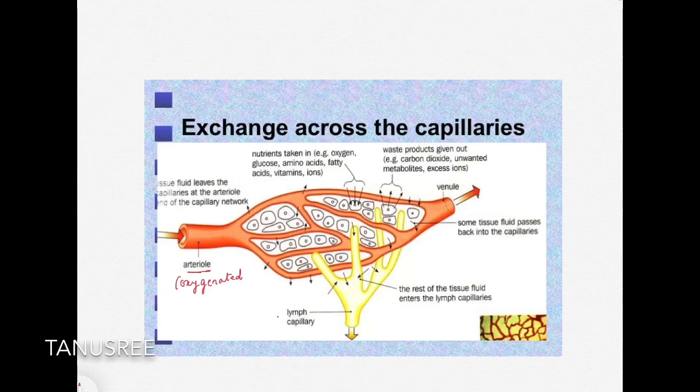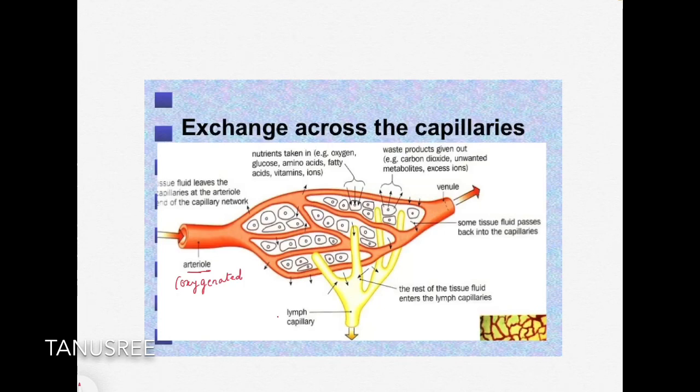Cells will be utilizing them and the waste products or metabolites in the form of carbon dioxide, excretory substances and excess ions will be eliminated. Now, if the capillaries are able to take them back, some tissue fluid passes back into the capillaries.